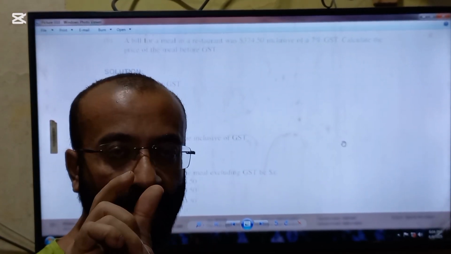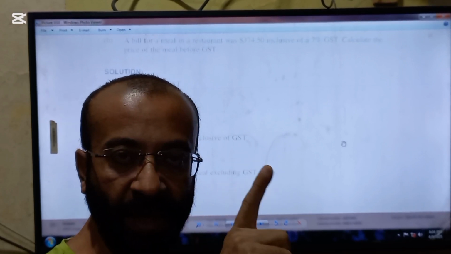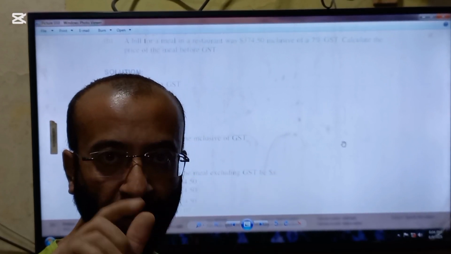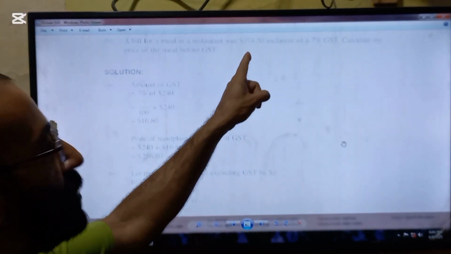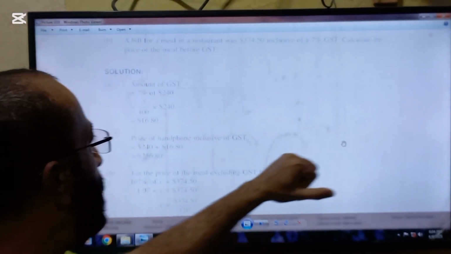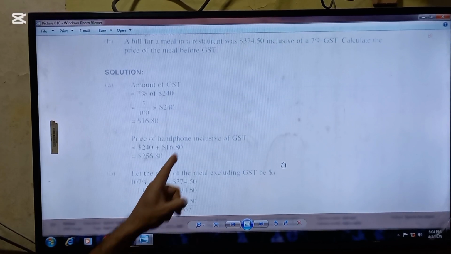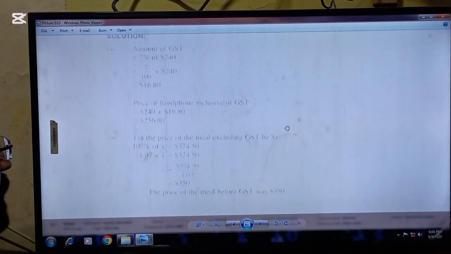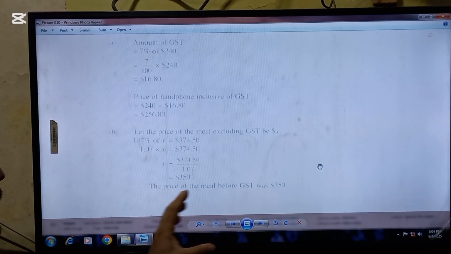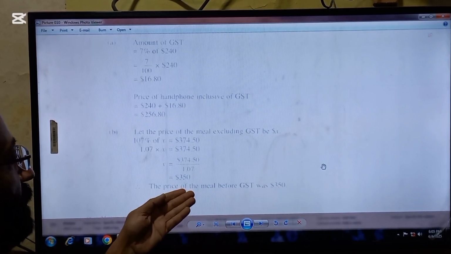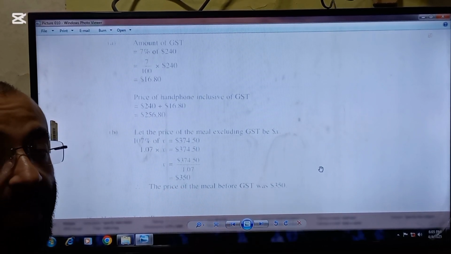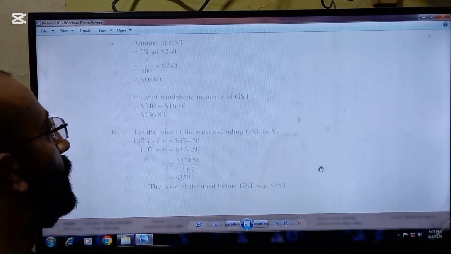So 107% of X should be equal to 374.50, and from here when you solve it you will get an answer of 350. That is the bill before GST.